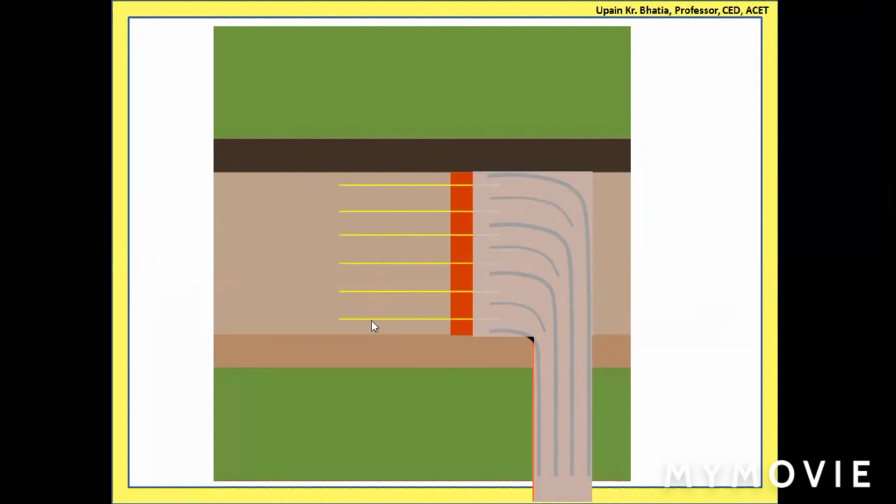The yellow lines, again indicating the bottom layers with high silt content, move along the bed, and here you can see they have entered below the diaphragm slab. I have made this slab a little transparent so that you can see these walls also. So where these flow lines are entering, ultimately they are diverted here and go sideways.